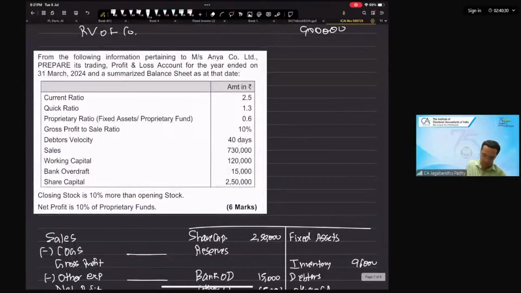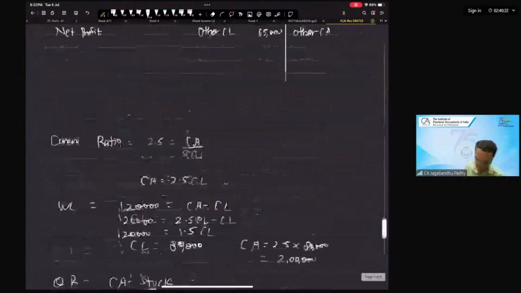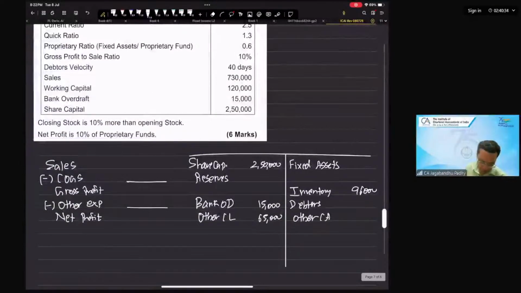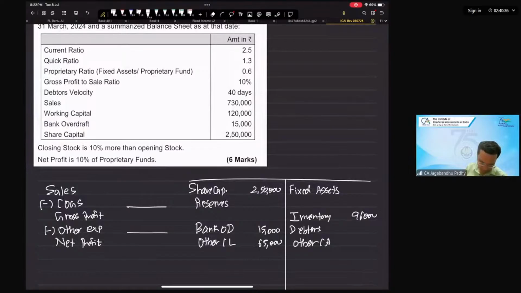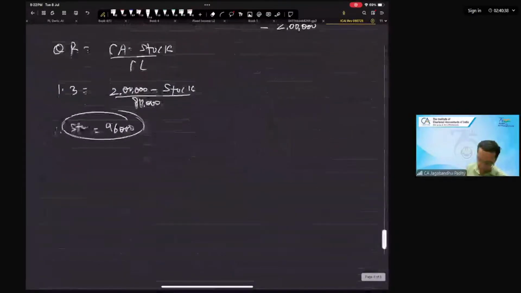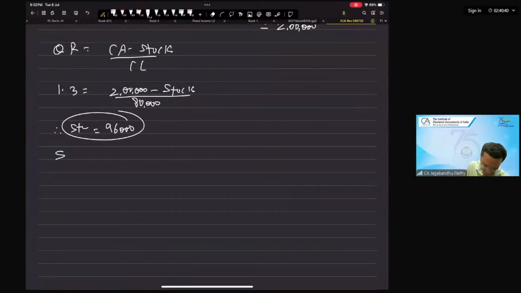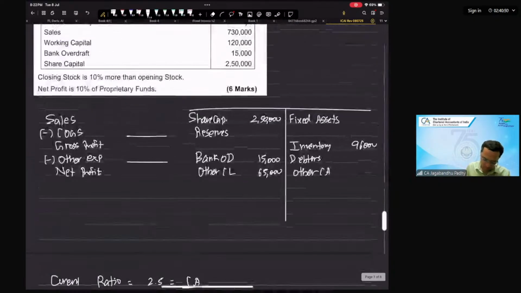Then debtors collection period is 40 days. For that, we will need the value of sales. Sales is anyways given to us, 7 lakh 30. We have debtors collection period to be calculated as sales, it's going to be debtors.